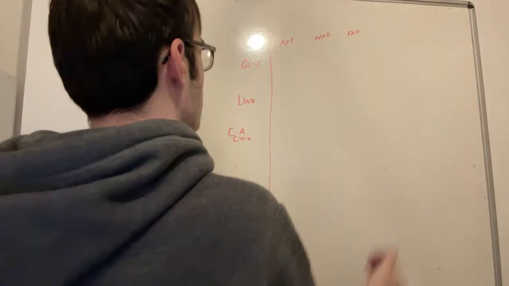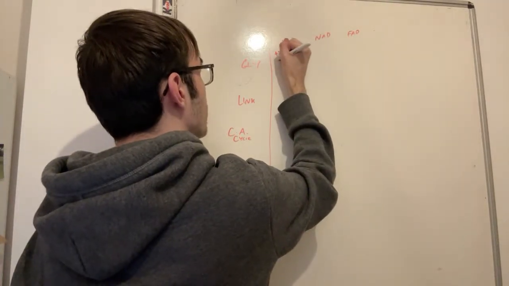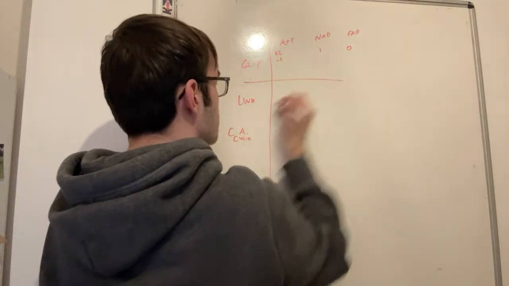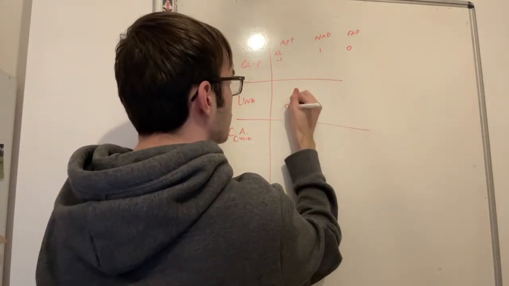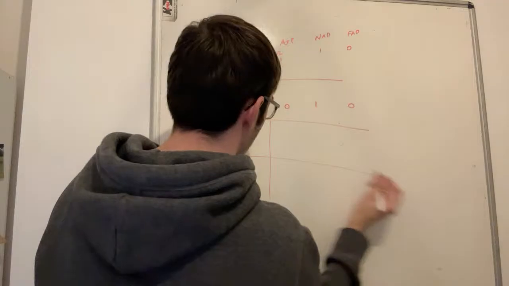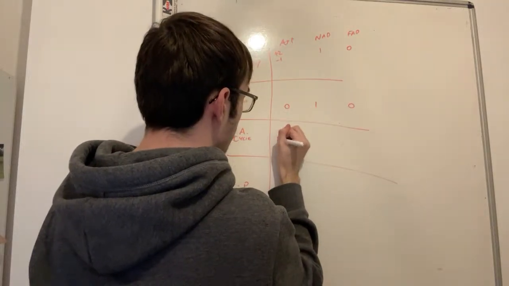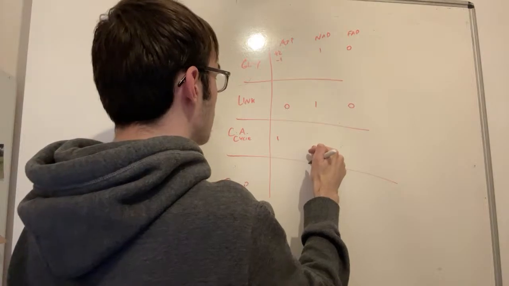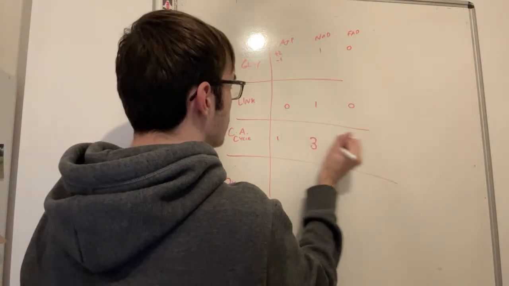So in glycolysis, we're getting plus 2 ATP, and 2 NADH. Citric acid cycle is only going to make 1 ATP, I believe, but it's going to make 3 NADH and 1 FADH, I think.